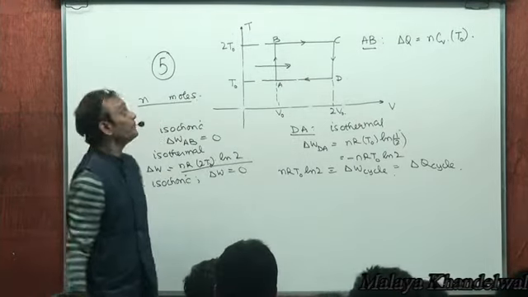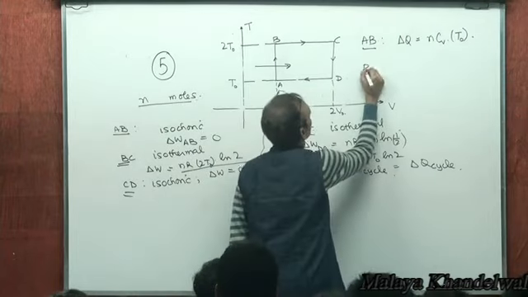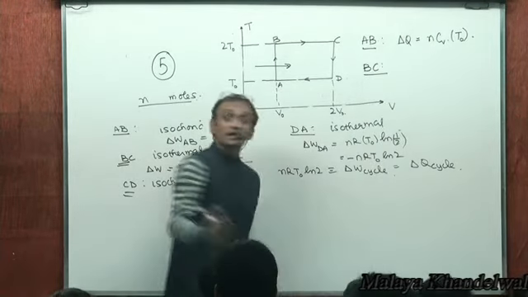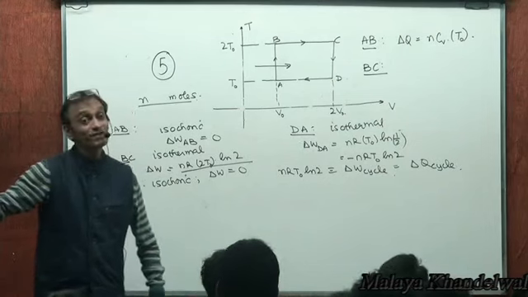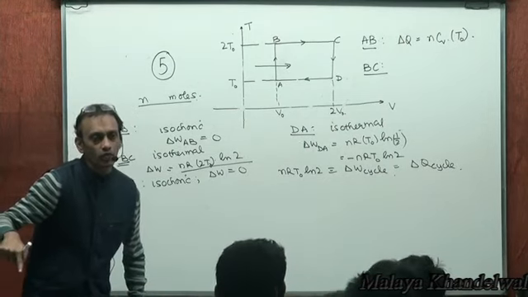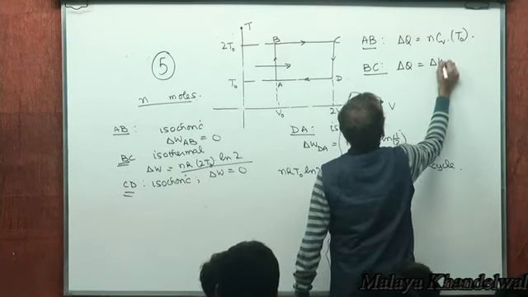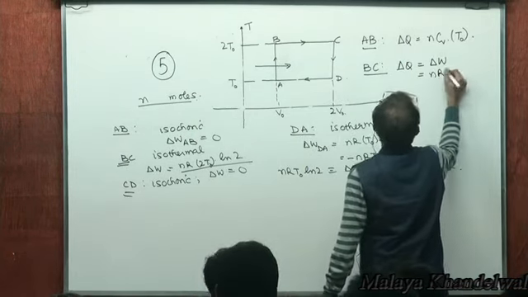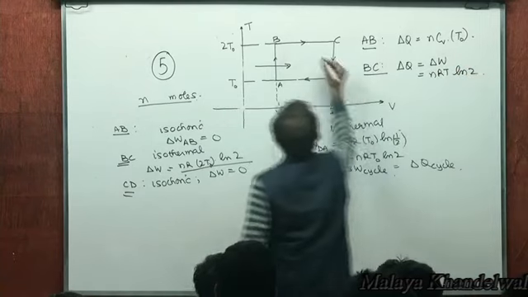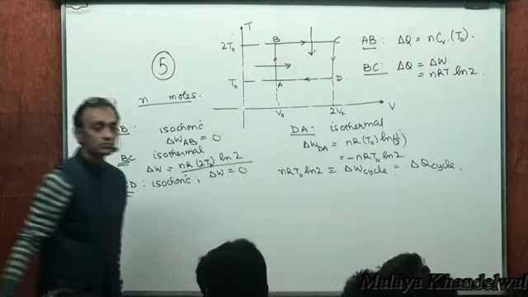Right? In BC, heat supplied is work done, because change in internal energy is 0. So heat supplied is work done, and that's nRT log 2. So heat is supplied in this process.